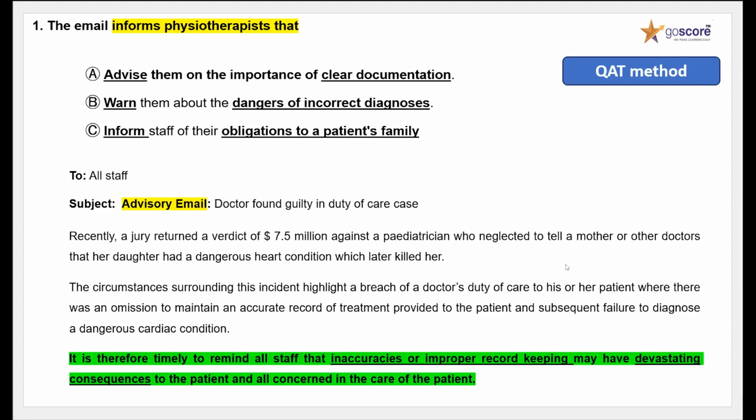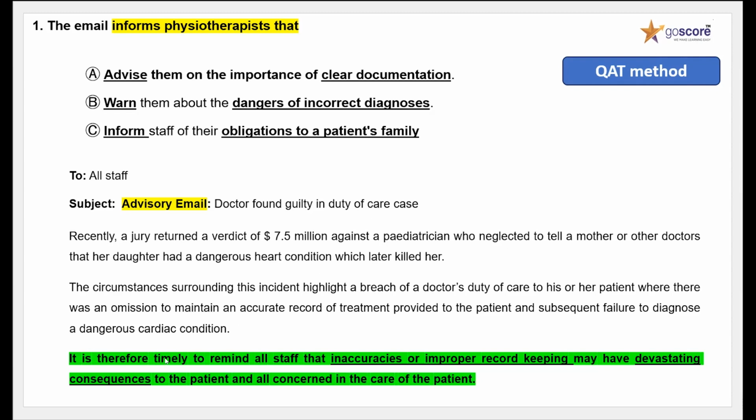Fine. Now here, they have mentioned advice on the importance of clear documentation, or warn them about the dangers of incorrect diagnosis, or inform staff of their obligations to patient family. So anybody knows the answer from this text? What will be the answer? Option A. Why? It's an advisory email. First of all, it's an advice. Before, they mentioned a pediatrician story, that they didn't diagnose properly and didn't document all those things.